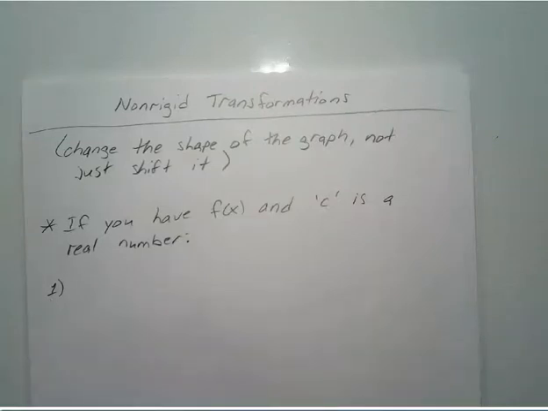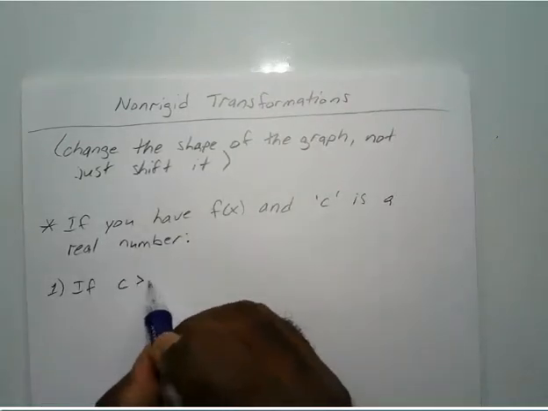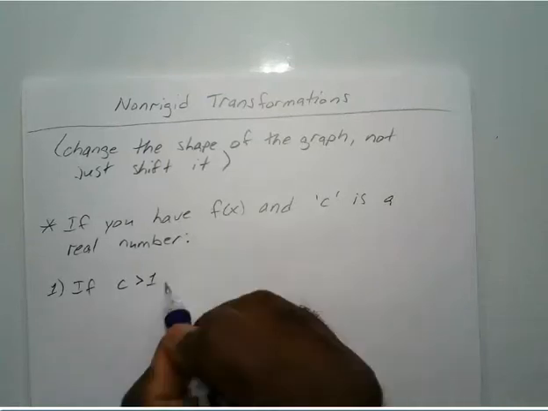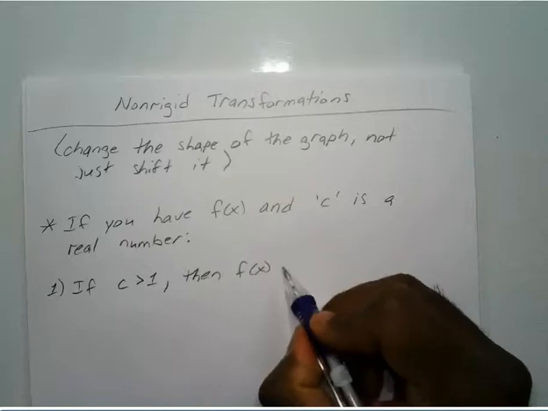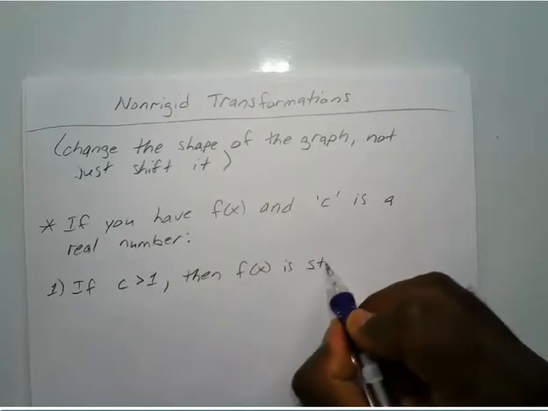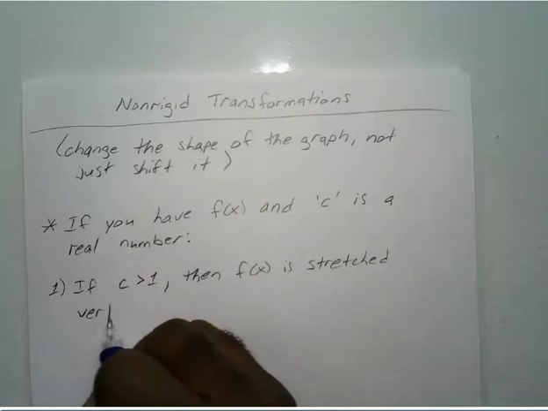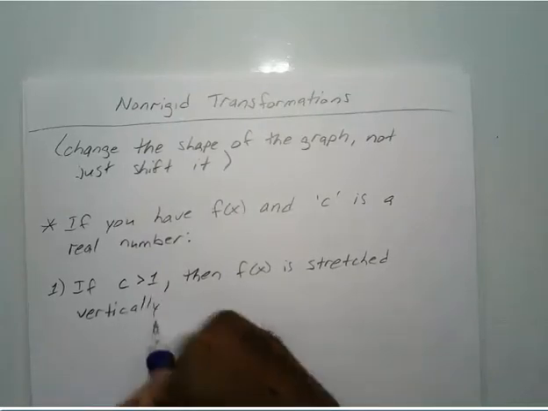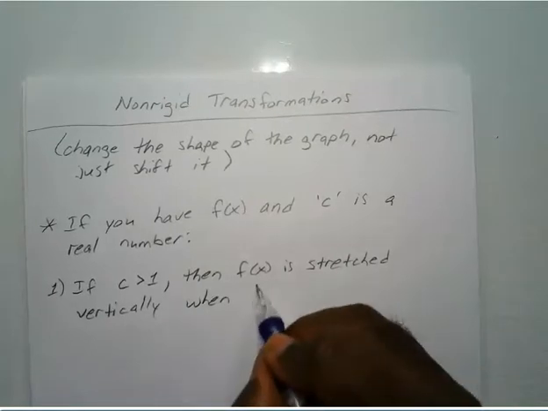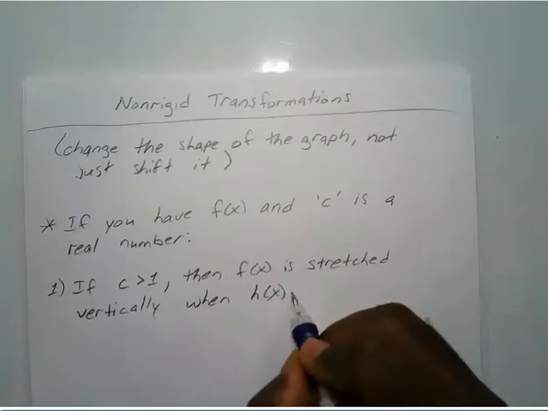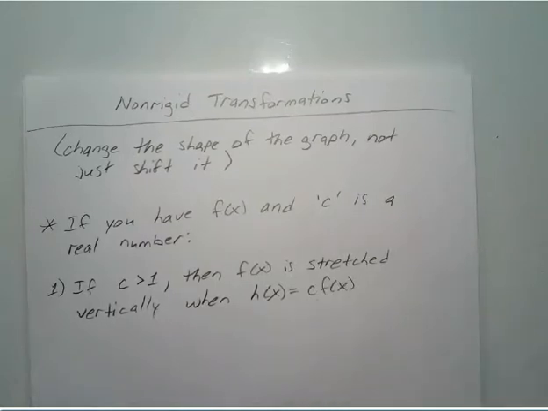Number one, if your number c is bigger than 1, then f of x is stretched vertically when what we'll call h of x equals c times whatever your parent function is.